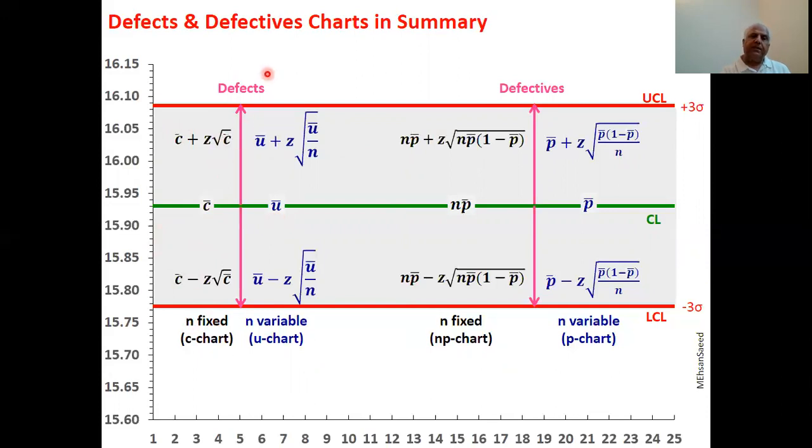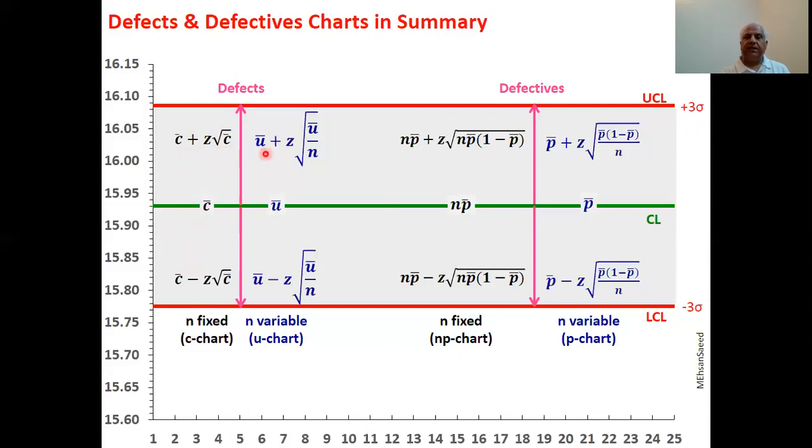In case of defects, if the sample size is fixed, the control limit is the center line plus 3 and under root of the same, and of course minus for the lower control limit.